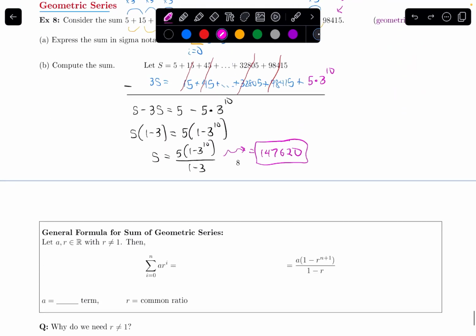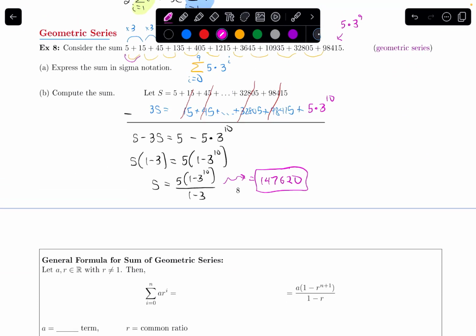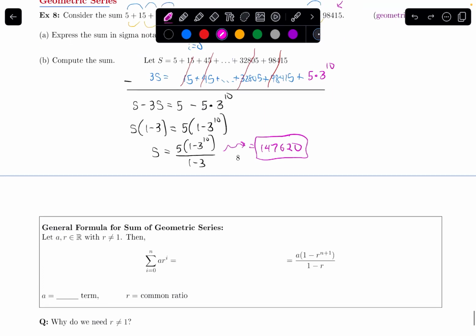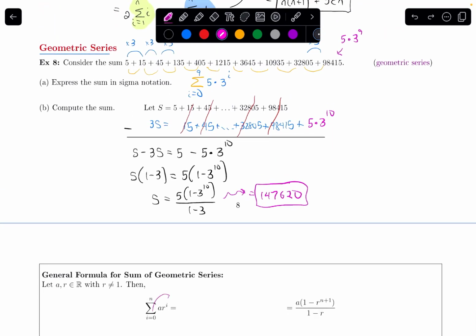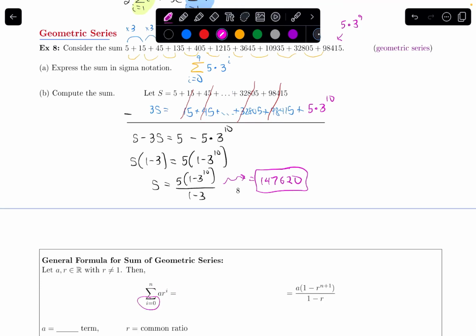So this is something called a geometric series, when I get from one term to the next by continuously multiplying. So in my geometric series, the formula of my terms looks like this. Some number a, and then times some number r to the i power. And if I start at i equals 0 and I plug that in, I'll get a, because r to the 0 is 1.